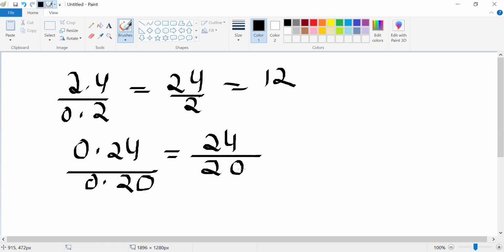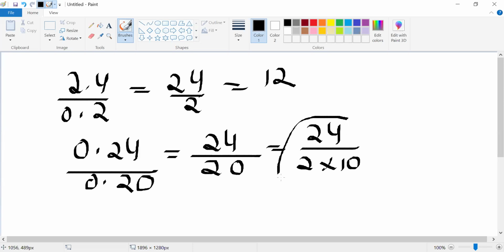No need to divide by 20. You can write it as 24 by 2 into 10. Separate that 10 and divide this. 24 by 2 is 12, no? So 12 divided by 10. Dividing by 10 means what will happen? The point moves one place, so the numerator will have 1 decimal place. So this is 1.2.